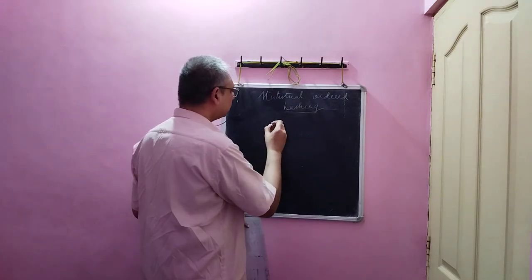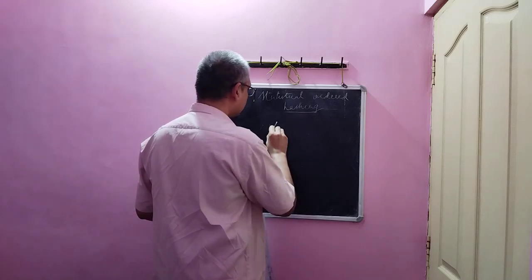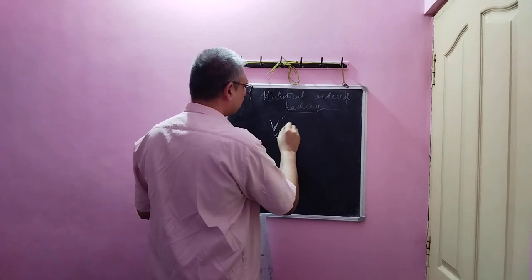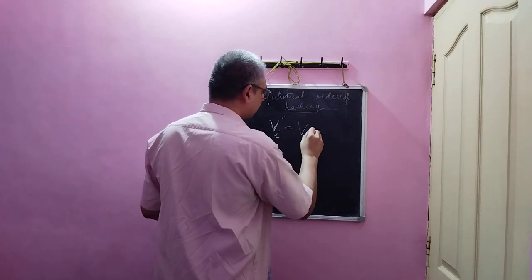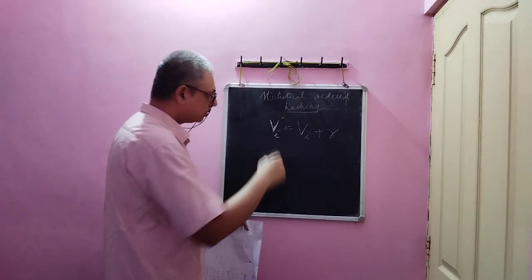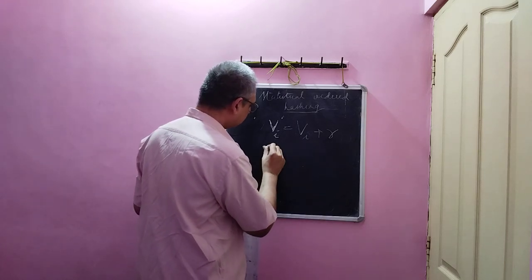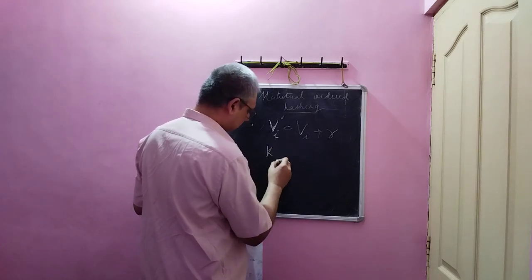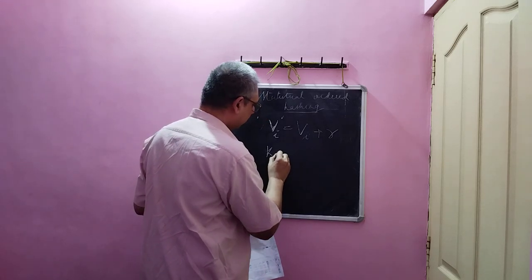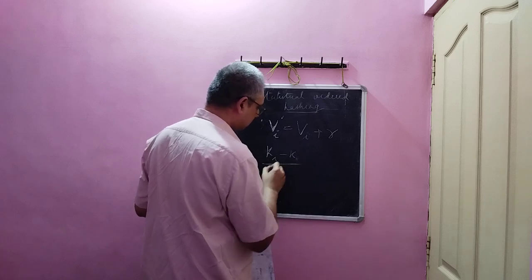Vi dash is equal to Vi plus R. Now for each of these keys ki, we are calculating Vi as ki minus k0 by k bar.